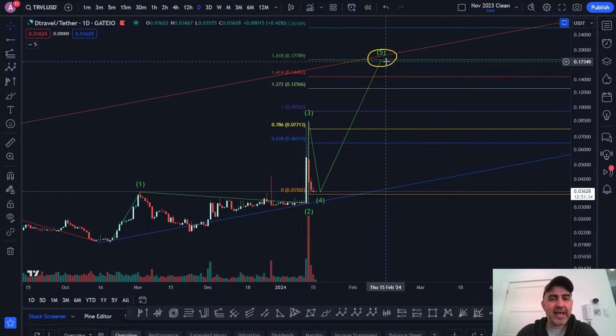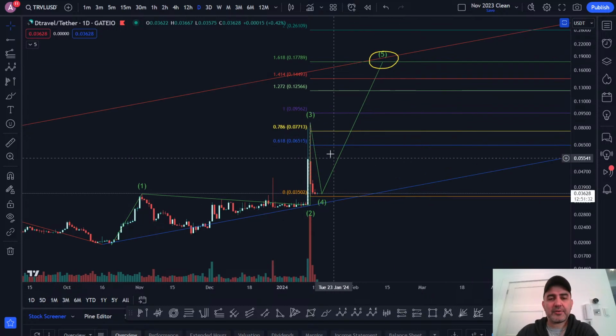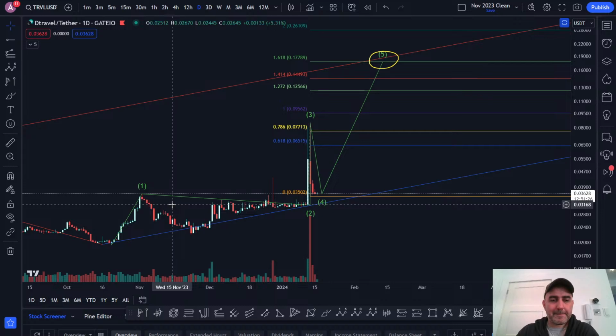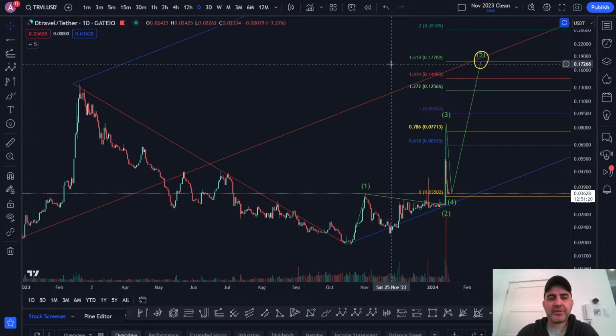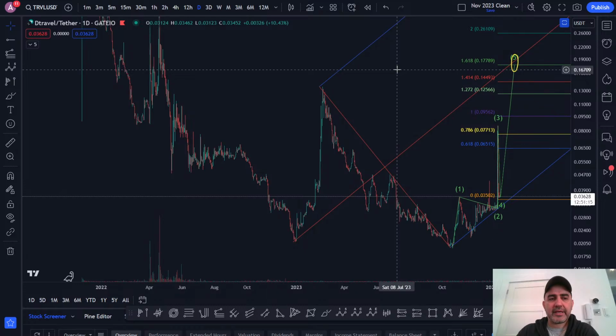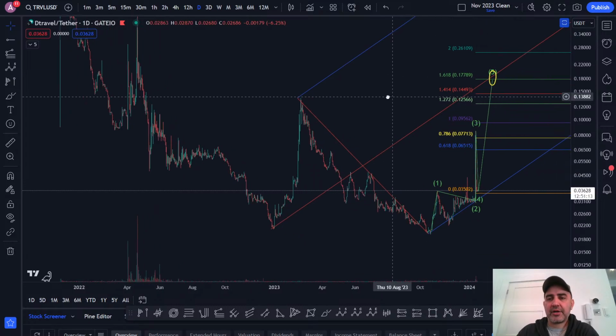That's the idea I have about the price action going up. Does that make sense? And it does correspond with some key levels in the past on gate.